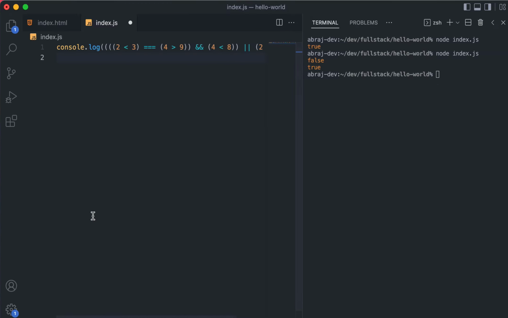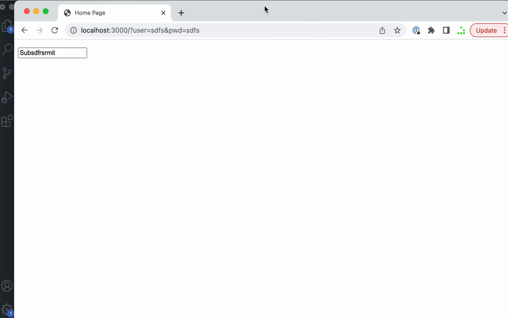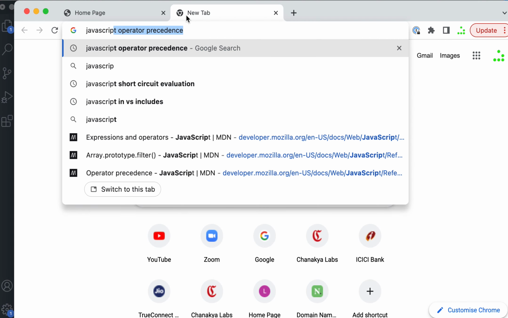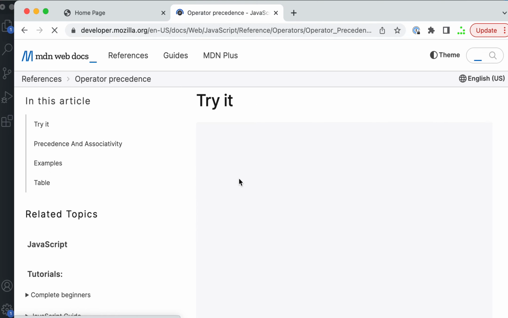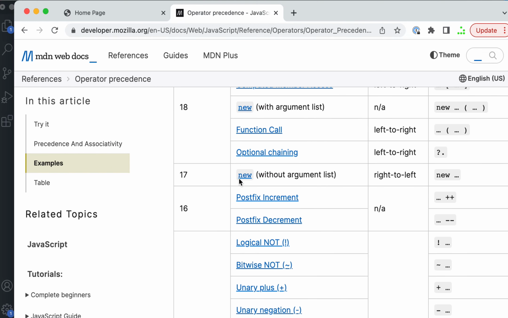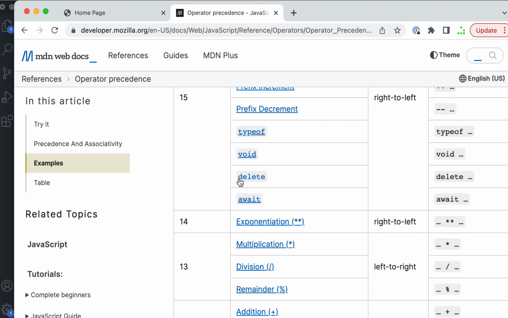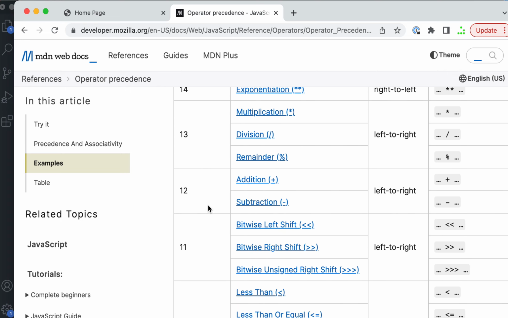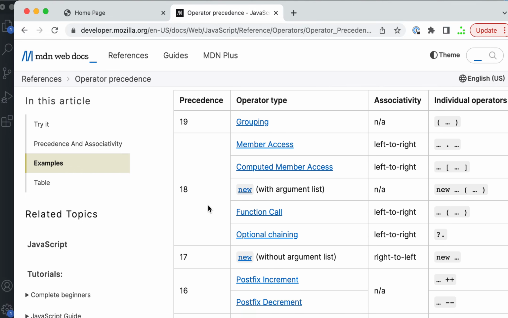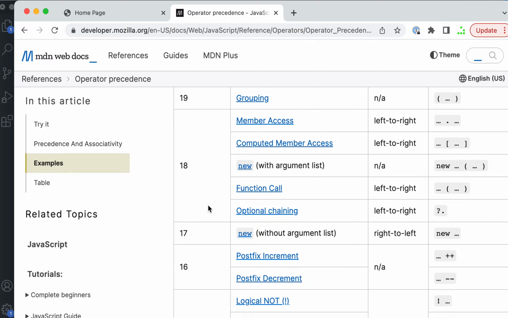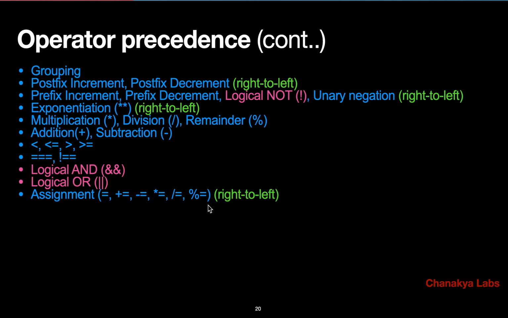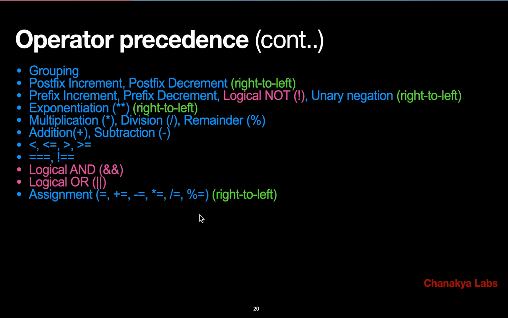You can do a bit of googling, let's say JavaScript operator precedence, and then you can go through the table if you don't remember anything. You can see all the tables here, and there are many more operators which I have not discussed, but slowly we will discuss many of them. But the point is that you can have a look here. Anyways, whenever in doubt, use brackets as a simple rule.